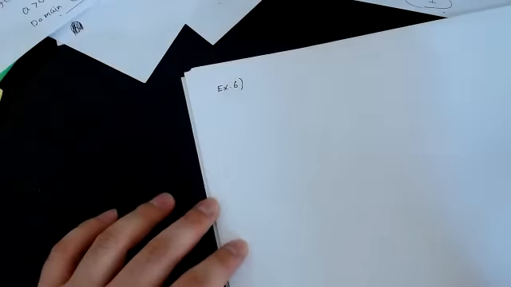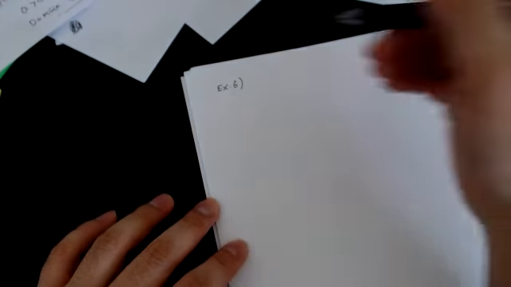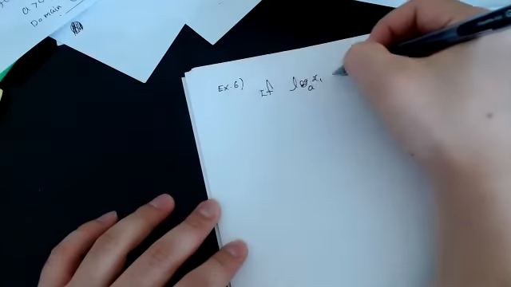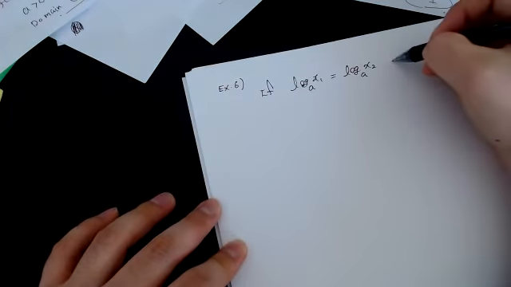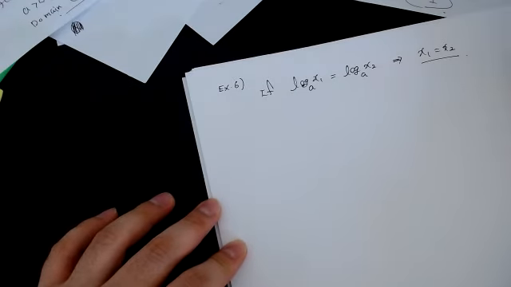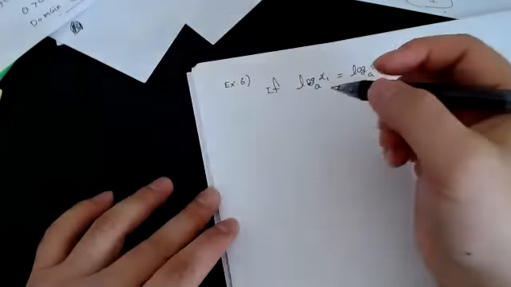The one-to-one property of log is this: if log of x1 to the base a is equal to log of x2 base a, then x1 is equal to x2. Really similar to the one-to-one property of the exponential, right? Let's see an application of this in example 6.